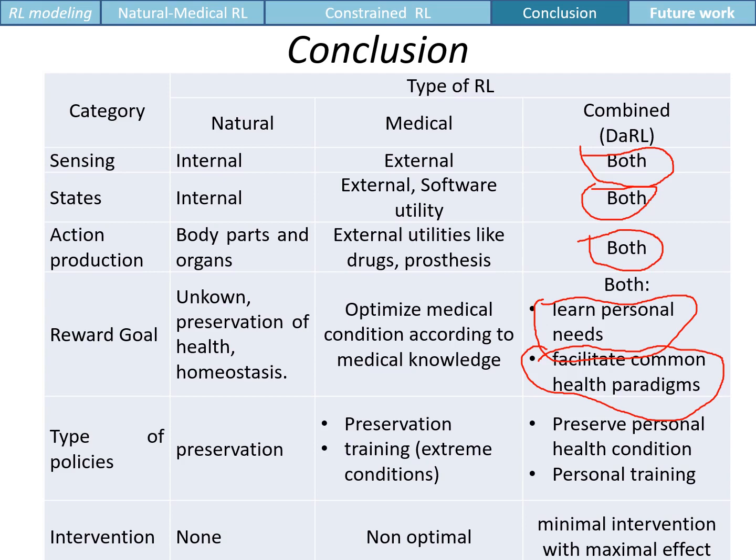We can also use a personal training mode where we have more restrictions, but it is better for the long-term reward goal. And again, as we emphasized before, we can use different constraints, for instance, to take into account maximum healing and minimal intervention.